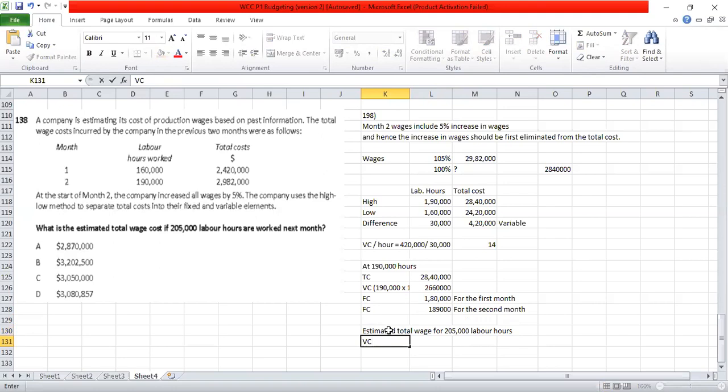First calculate variable cost, which would be 205,000 into 14. Then fixed cost. What will be the fixed cost for 205,000?